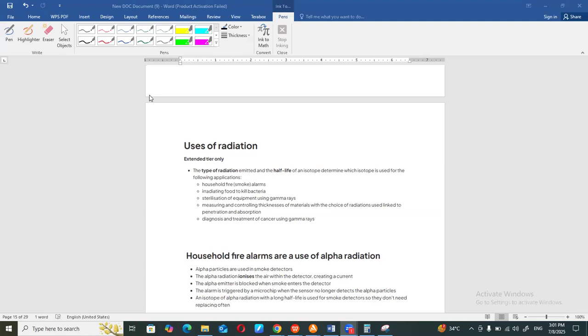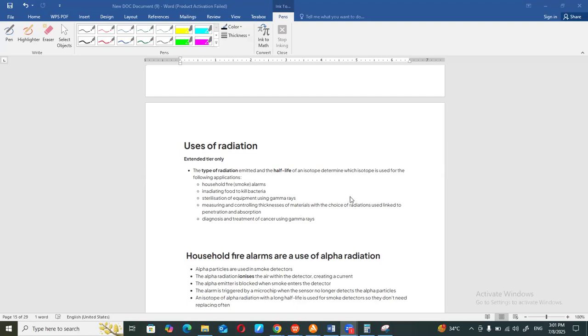They can be used for irradiation of food to kill the bacteria, and for sterilization, meaning cleaning of the equipment through gamma radiations, plus measuring and controlling the thickness of a material. This is also used as a diagnosis or a treatment for cancer.